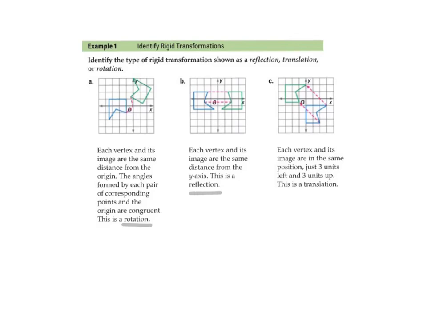So don't forget you've got to be looking for the line of reflection as well. And then finally C is a translation, so it's 3 units to the left and 3 units up. If I was putting that in vector form, I would do -3 because it's going to the left, and it goes 3 units up, so that's going to be +3. So either it'll be a translation and they'll say it's 3 units to the left and 3 up, or they'll put it in vector form.